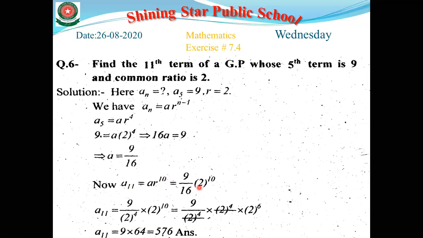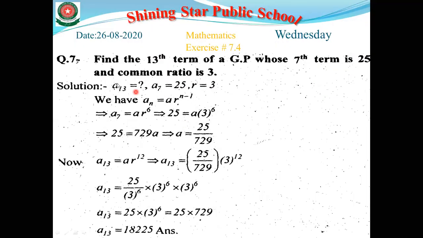R is 2. 2 power 10 is 2 power 10 and 16 is 2 power 4, and we can cancel 2 power 4 with 2 power 10. It will give you 2 power 6. 2 power 6 is 64. And when we multiply 64 with 9, it will give you 576. Okay.